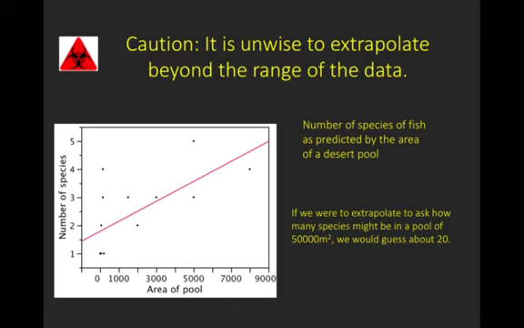Now, that might be possible, but also you might be pushing way past any sort of ecological range that is actually present. Maybe there aren't even 20 fish species in the entire desert. Maybe there are only 6. And so any sort of extrapolation that you would make based on the size of this new pool you found would make absolutely no sense.